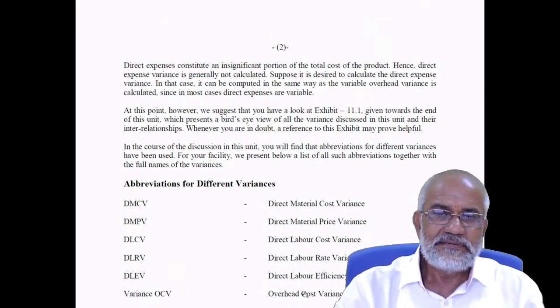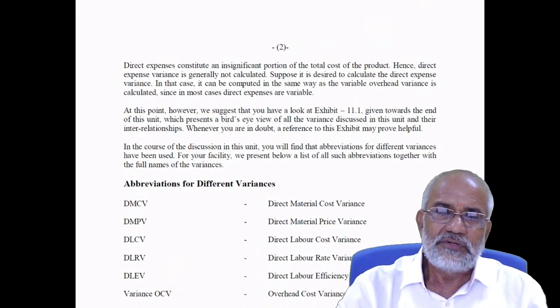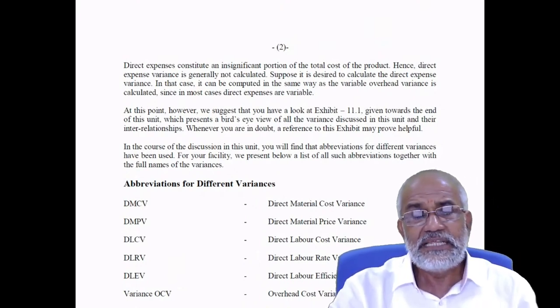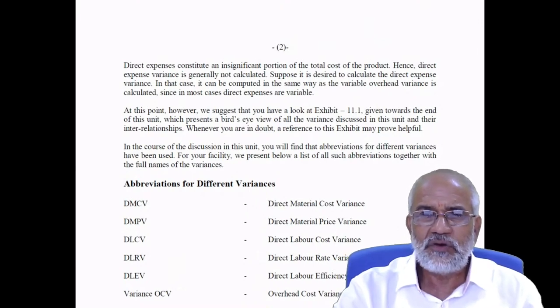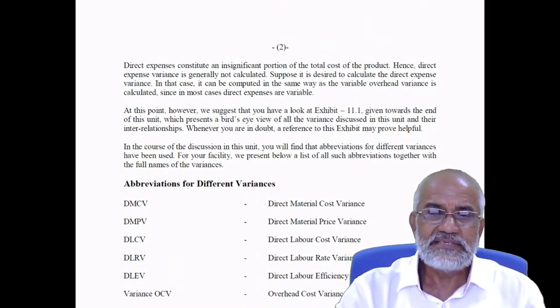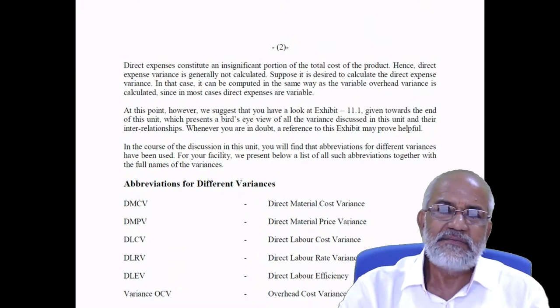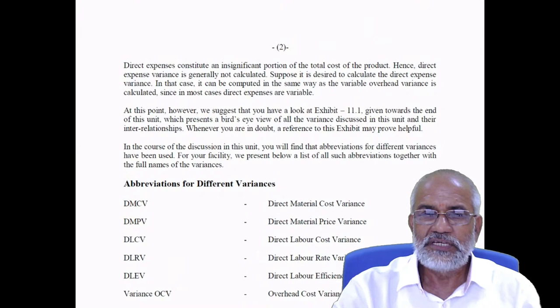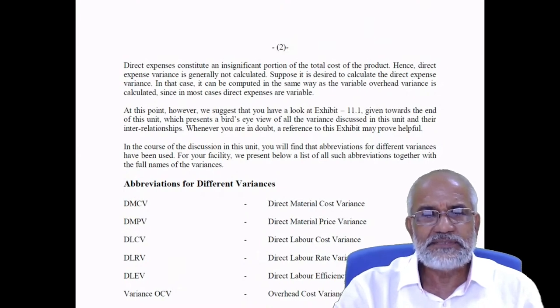Direct expense is also a component of the cost, but it constitutes an insignificant portion of the total cost of the product. Hence, direct expense variance is generally not calculated. Suppose it is desired to calculate direct expense variance.